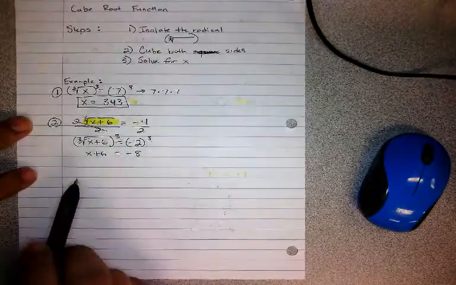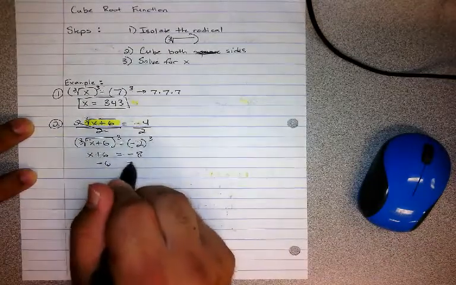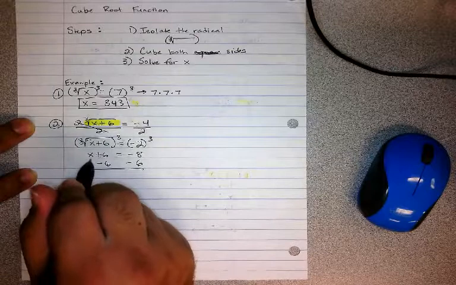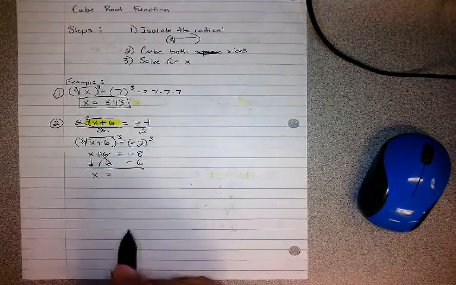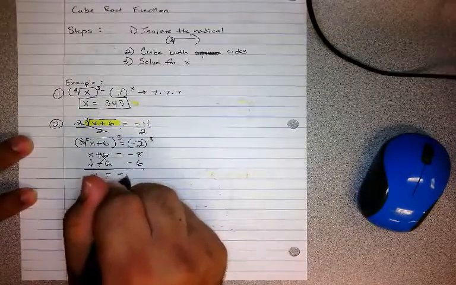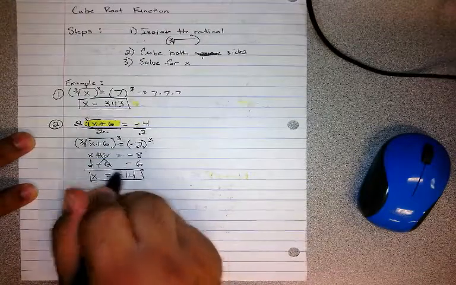Now you got to solve for x, so you subtract 6 on both sides. My x comes down, this cancels out, and x equals -14. That would be my answer.